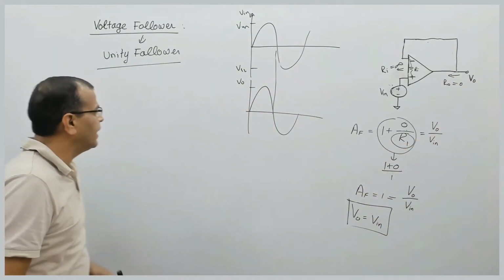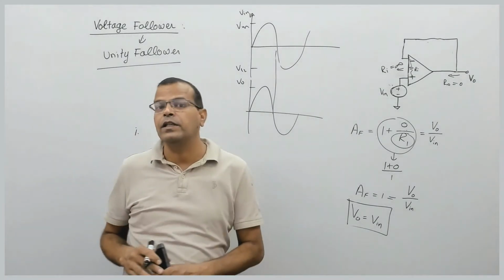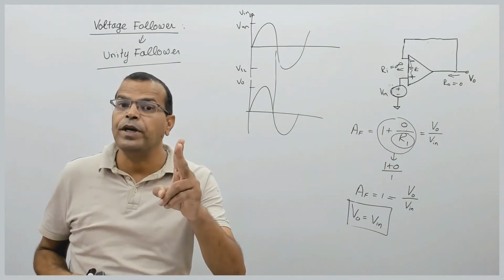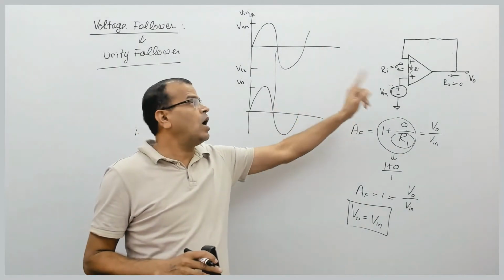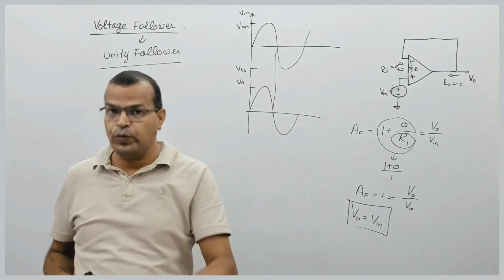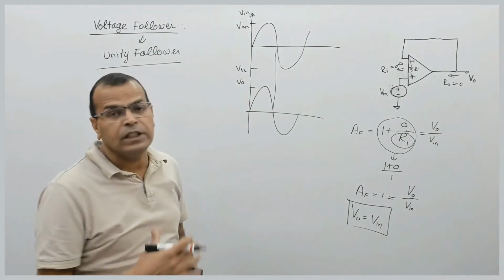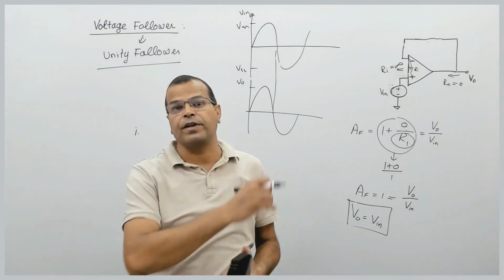So we can say in case of the unity follower circuit, gain is unity, input impedance is very high, almost infinity, and output resistance is very low. Because of this characteristic, this circuit is sometimes known as a voltage buffer.